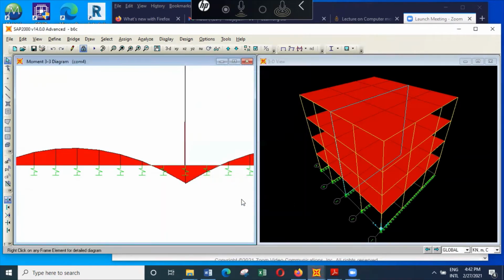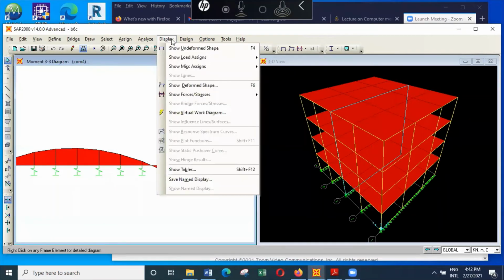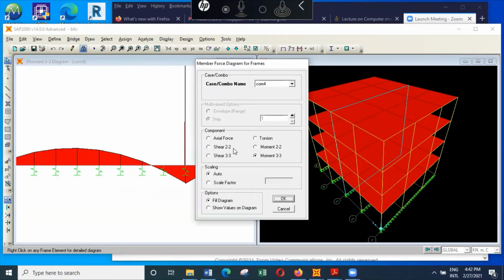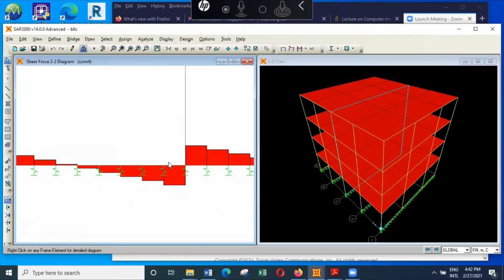So those are the moments. And then you can also look at the shear forces. And that is shear 2-2. You can see you get it in steps. The reason is the structure is discontinuous at all these locations. So you get the shear force acting not as a distributed load, but as a point load.